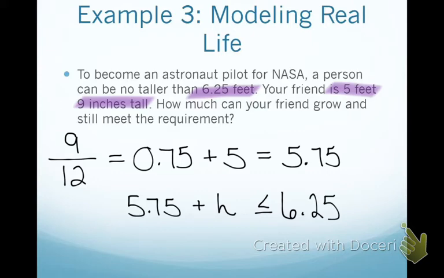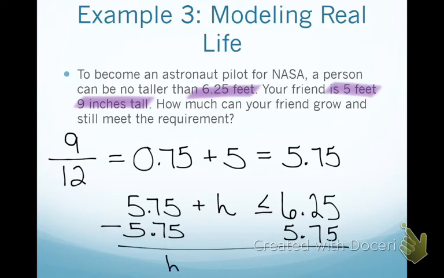And now we're going to just solve the inequality. Subtract 5.75 from both sides. All right, and they can grow no more than half a foot, which we know is how many inches? All right, 6 inches.